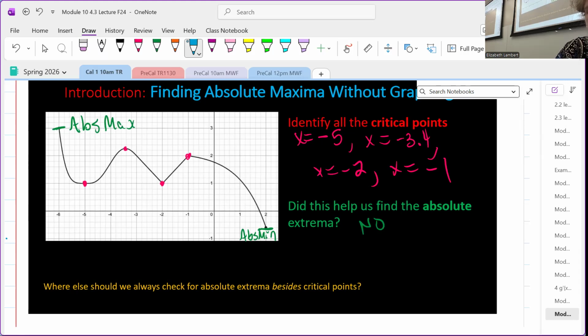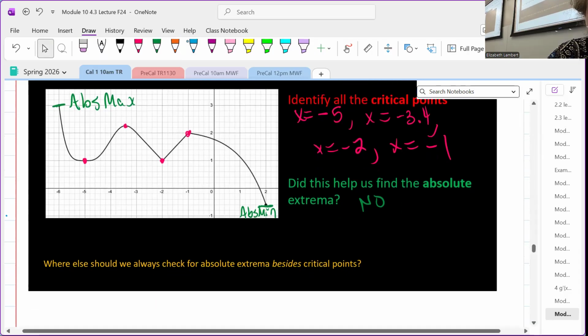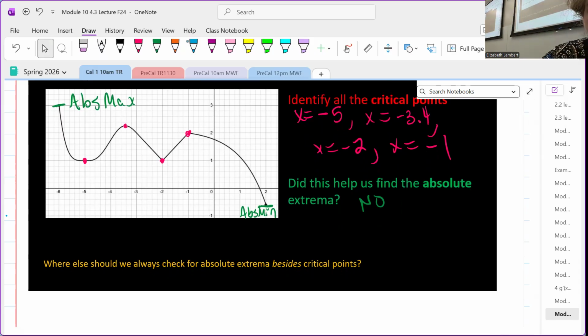Or what do we call those locations? So we call those the endpoints.